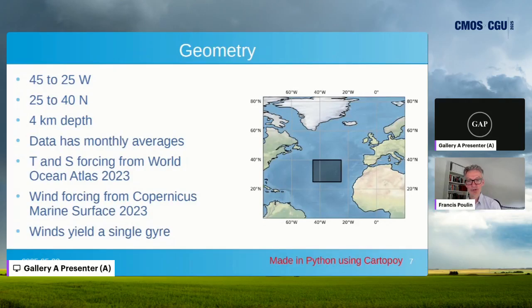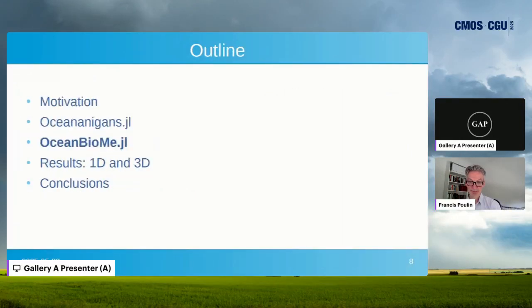The wind forcing is from Copernicus Marine Surface 2023. The particular gyre that we get in this context, as we'll see later on, is a single gyre. And I should say this is really building on a paper from around, I think, 12 years ago by Kuhn and Fennell. Next, please.